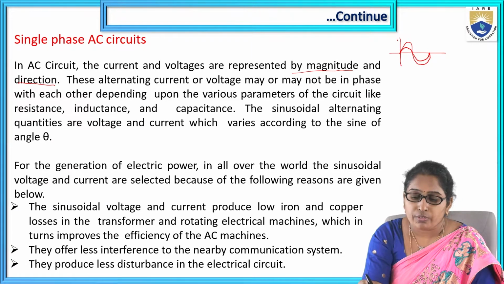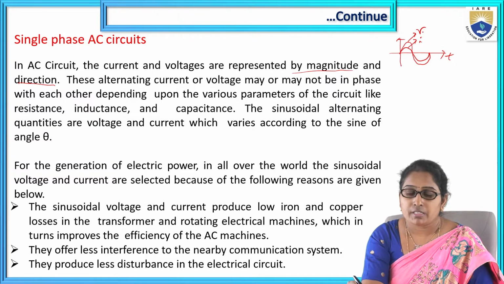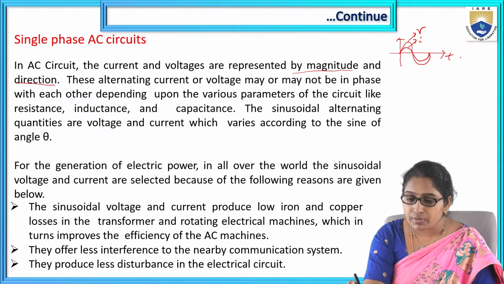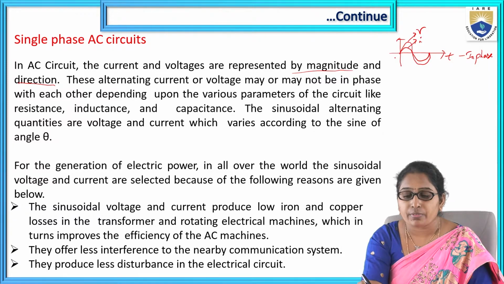This is how in phase looks. Let us say this is a voltage and this is a current, both sinusoidal. One is the voltage AC signal, and the other is the current sinusoidal signal. They are in phase. That means there is no angle difference.